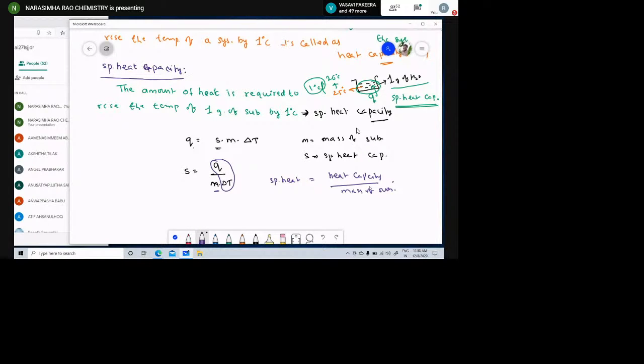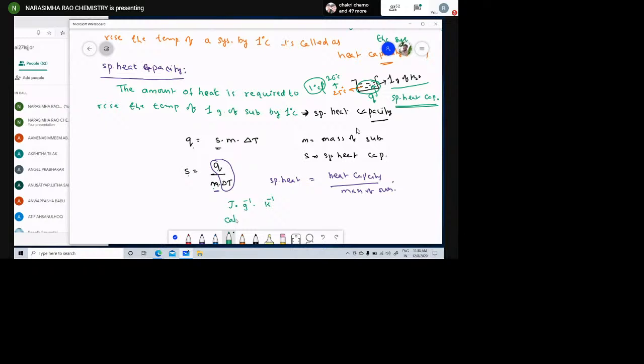Yes, sir. Right. So if you consider that S is equal to Q upon M delta T, for Q, for example, I am taking joules. Mass is in grams and temperature in Kelvin, so the units are joule per gram per Kelvin.